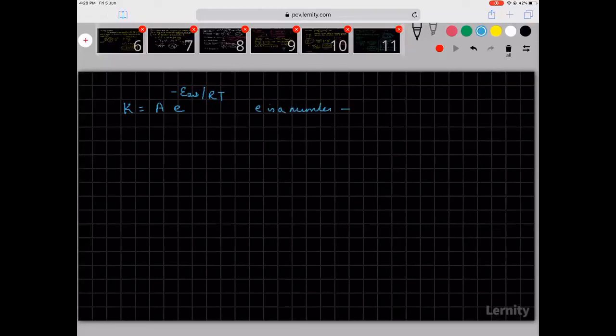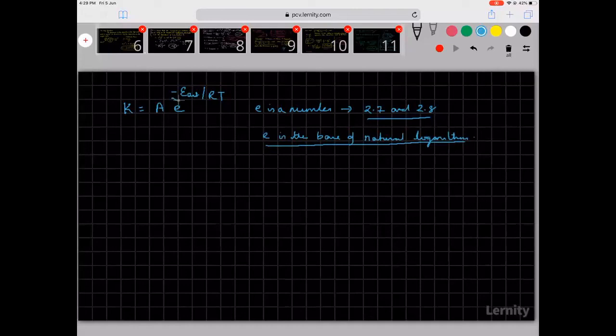It's an irrational number between 2.7 and 2.8. e is the base of natural logarithms.